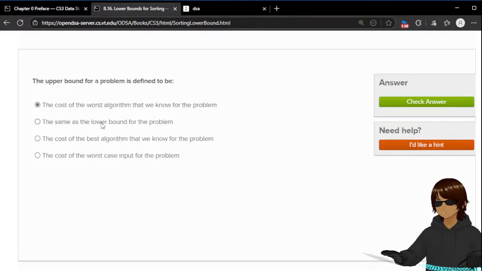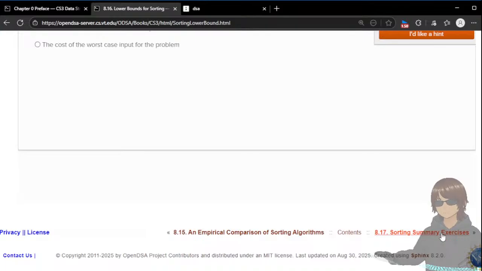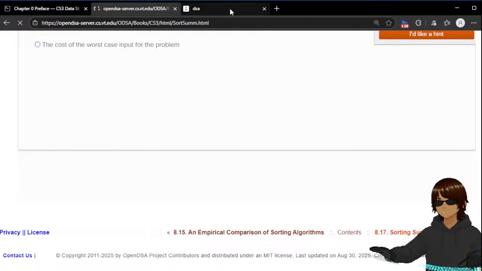The upper bound, cost of the best algorithm we know for a problem. Yeah. The upper bound for a problem is defined to be, wait, I've already seen this. Okay, it's the same question. Yeah, this seems to be the summary.